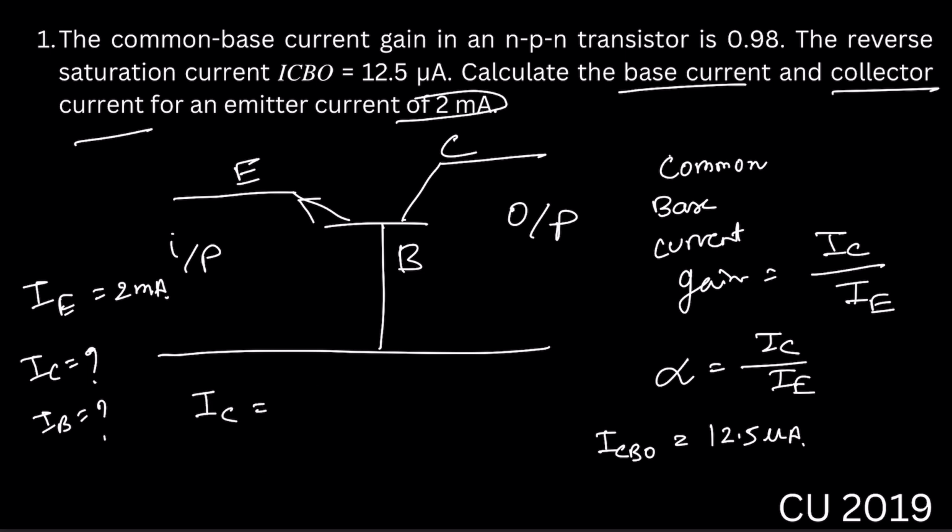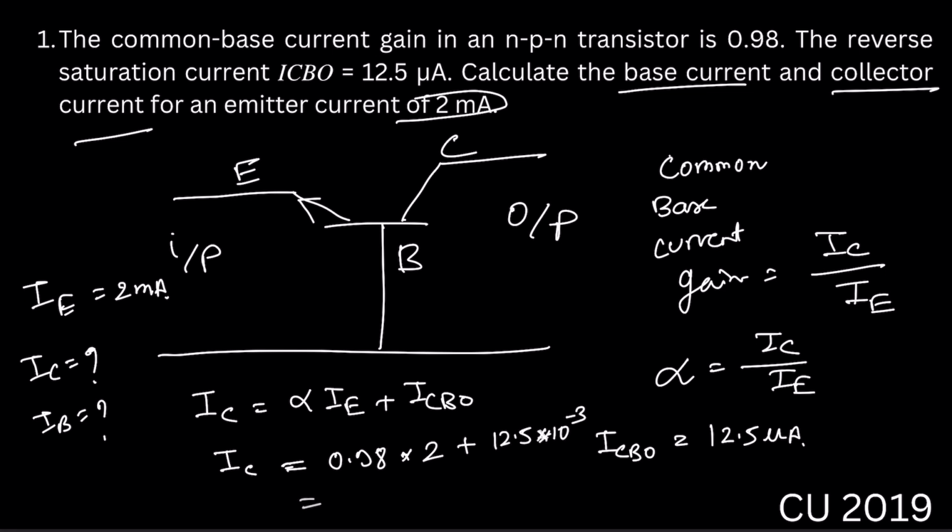IC equals alpha into IE plus ICBO. So IC will be 0.98 multiplied by 2 milliampere plus ICBO, 12.5 microampere. So IC will be 1.9725 milliampere.